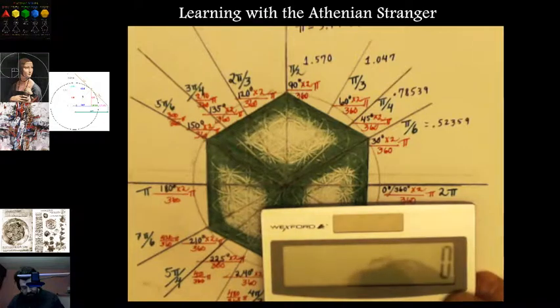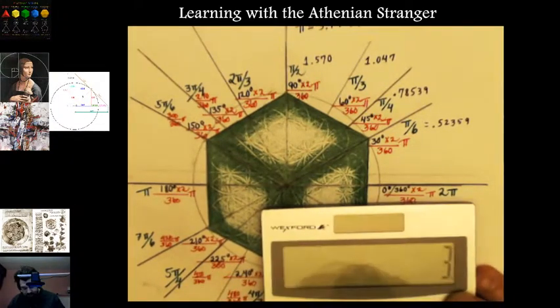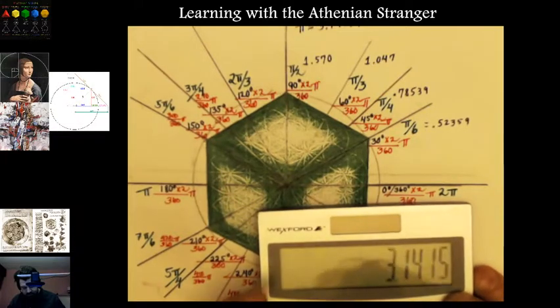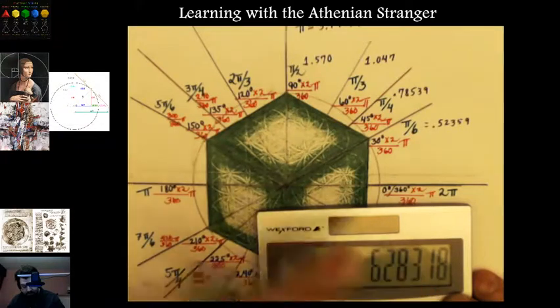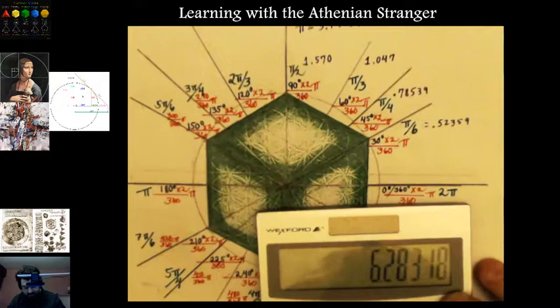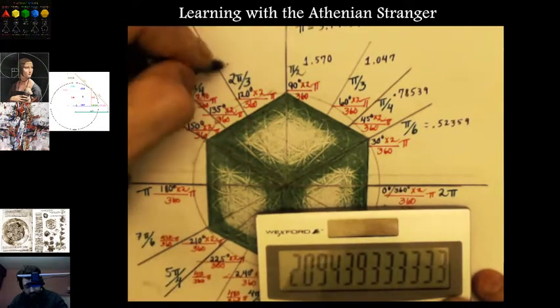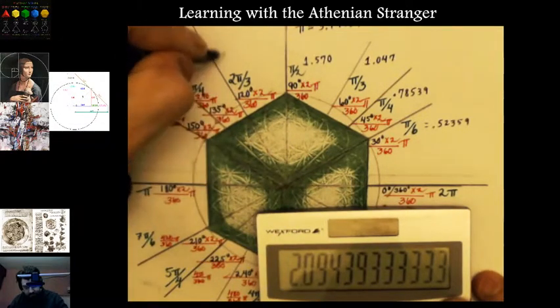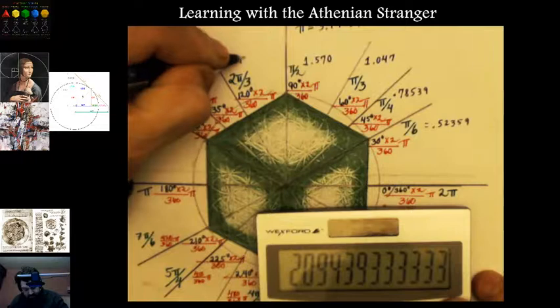Okay. 2 times pi, 3.14159 equals 6.28318 divided by 3. So the decimal expression of the radian for 120 degrees is 2.094.